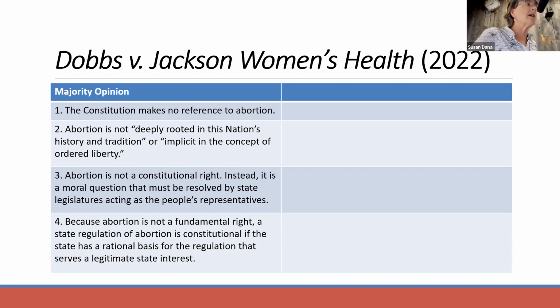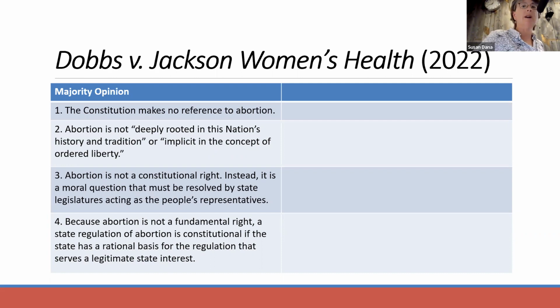And the court said, because abortion is not a fundamental right, the state regulation of abortion is constitutional if the state has a rational reason for the regulation. And this is important and not reported typically because it's legally complex.